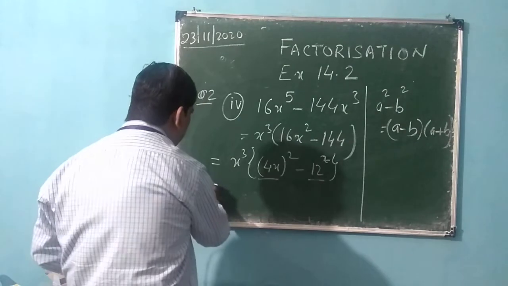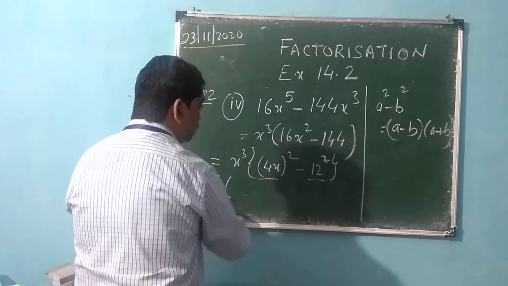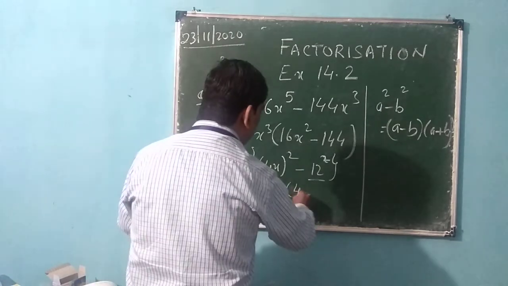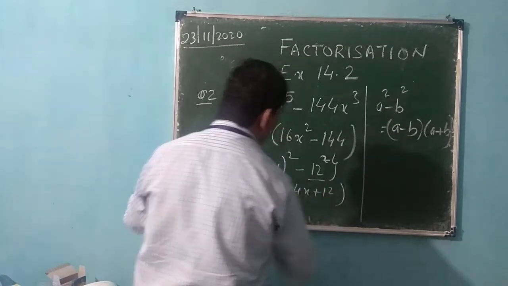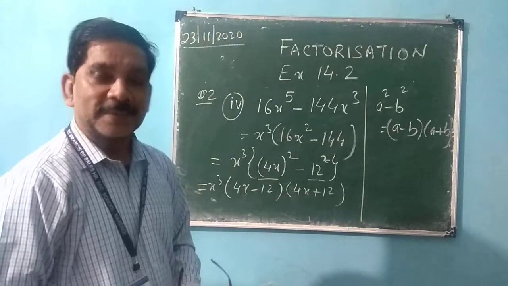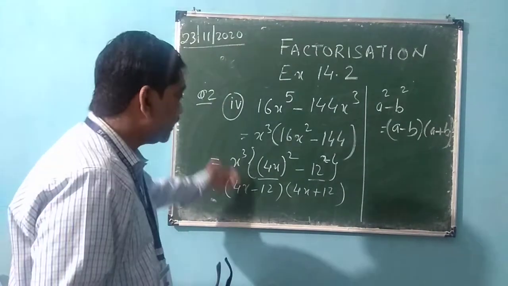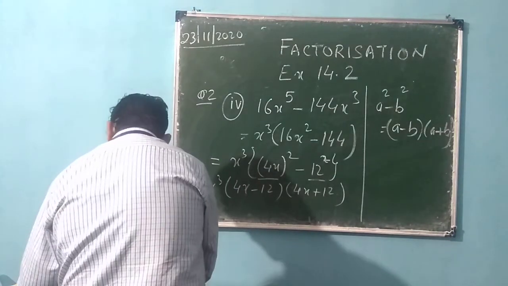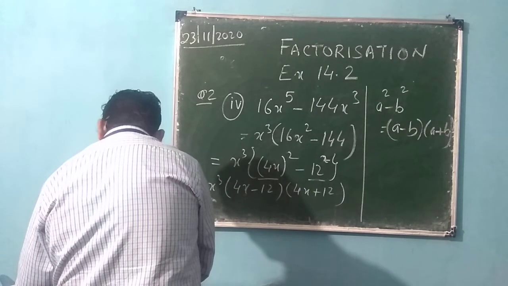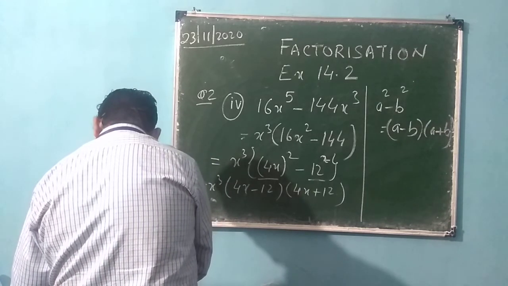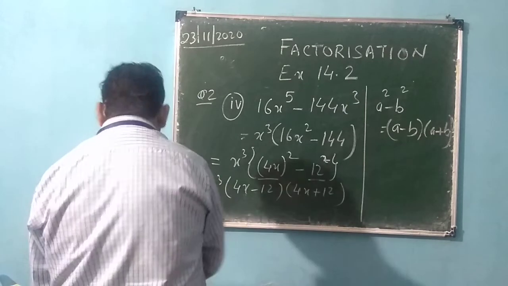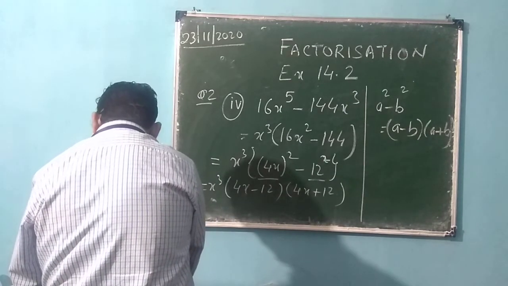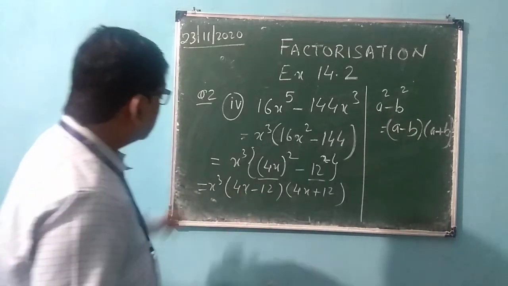Correct? So x cube bracket 4x minus 12 and 4x plus 12. Clear? So this is factorized this way, and this was the fourth part.